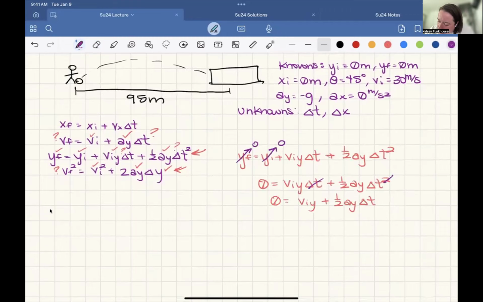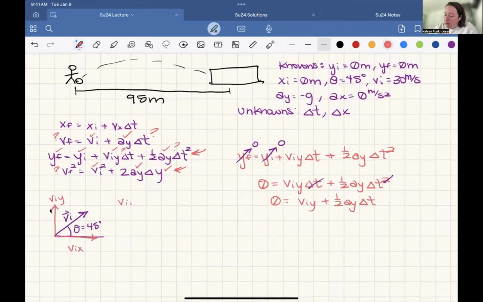So let's draw this. So we have a V initial, which we do know is 30 meters per second. And we have this angle here that I said is 45 degrees. So we want to know what the Y component is, the initial Y. And while we're here, we should probably figure out what the X component is, V initial X.